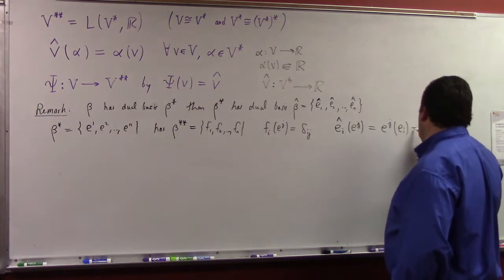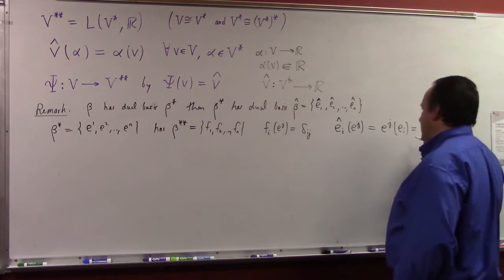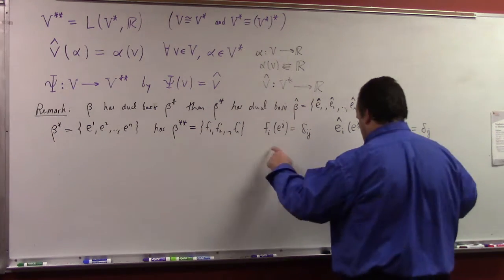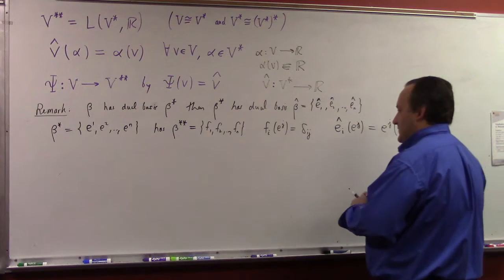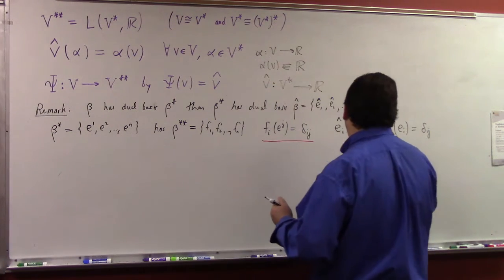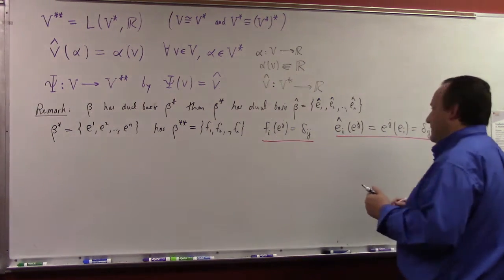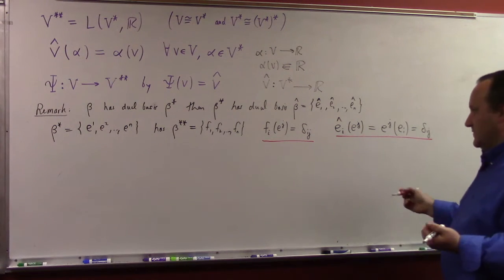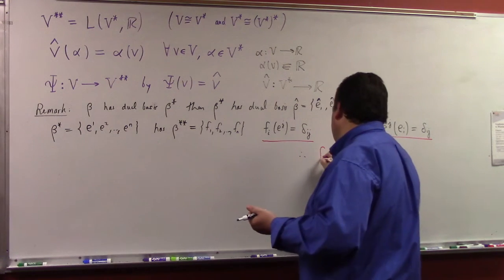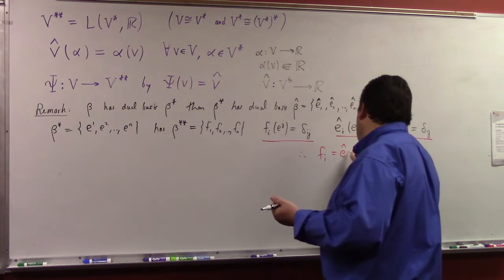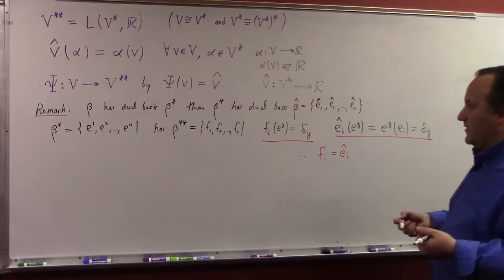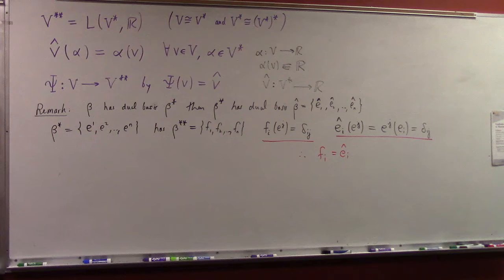Ei, right? But that's this. And since we have agreement of fi and E hat i on a basis, it follows that fi is exactly E hat i. So my remark is legit. So the dual of the dual basis is the canonical morph.